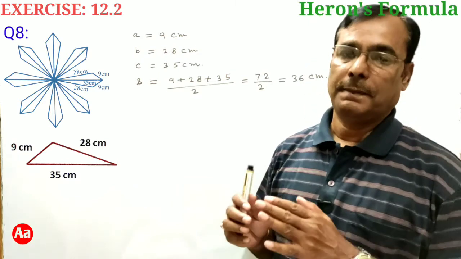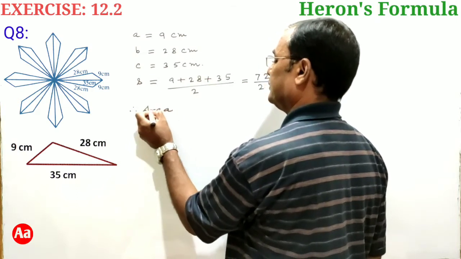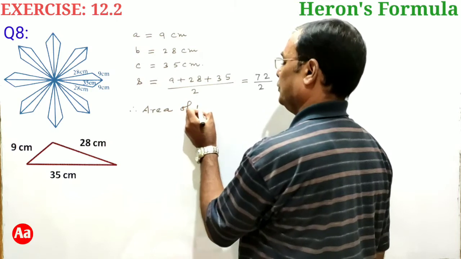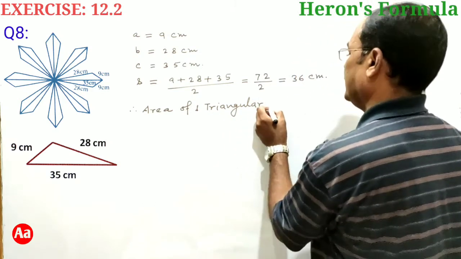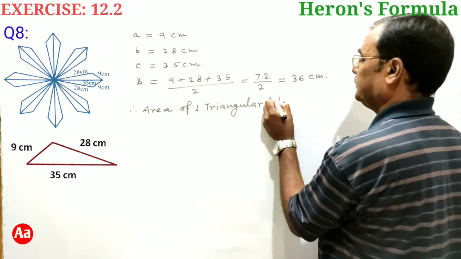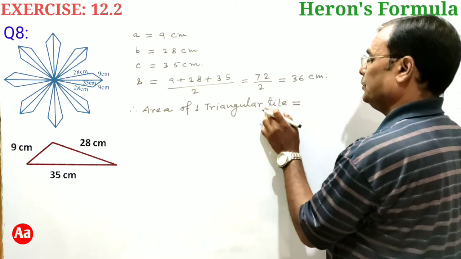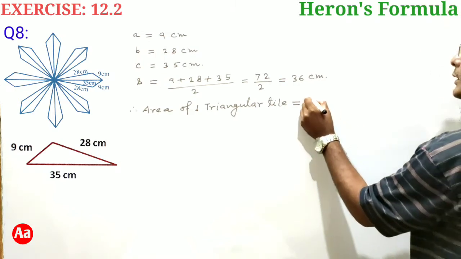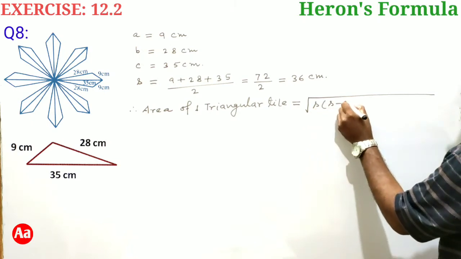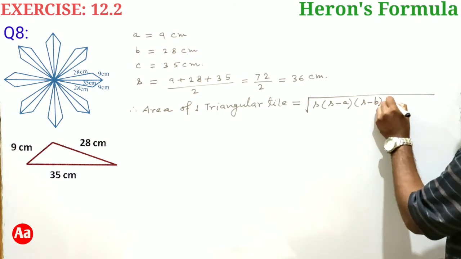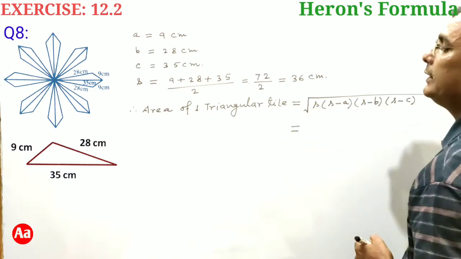Therefore area of one triangular tile is equal to under root S into S minus A into S minus B into S minus C. This is Heron's formula to find the area of a triangle.